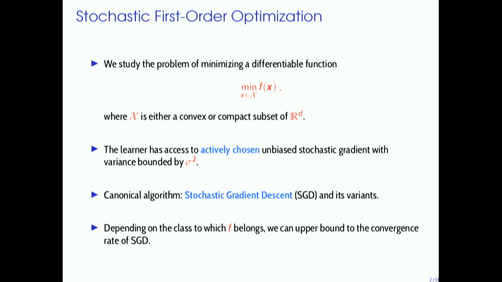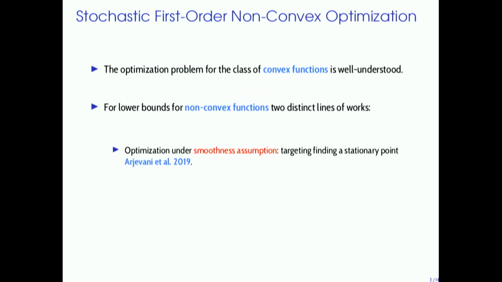In this framework, it is well known that the stochastic gradient method is the standard that powers most of the applications. Depending on the class of functions considered, we can develop upper bounds on the convergence rates of SGD or its variants.